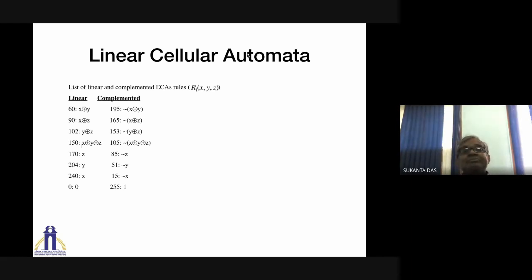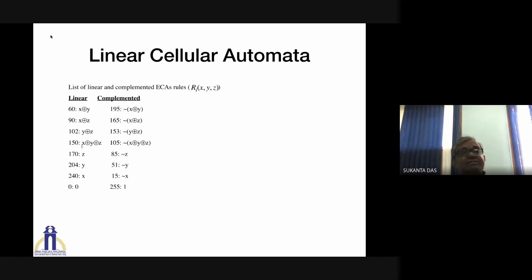R is the rule. See, rule 60 is a linear rule. I think you can recall that in case of ECA, we represent the rules by giving numbers called rule numbers, like 90. In the previous example also, we dealt with 90, 150.